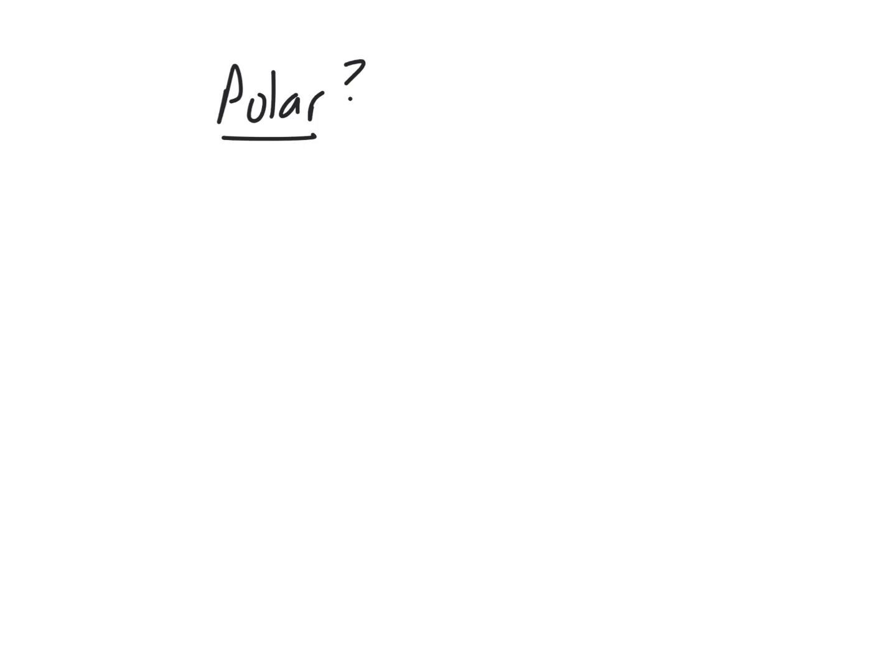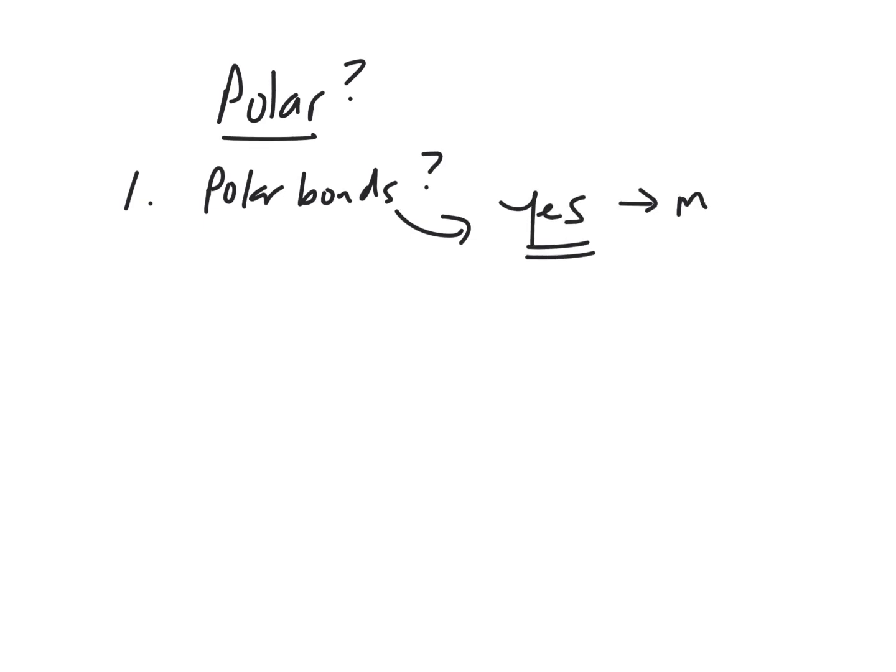Is a molecule polar? What to look for? You need to look for two really important criteria. Number one, are there polar bonds? Remember, we've got bond polarity and we've got molecular polarity. If the answer to this is yes, there are polar bonds, then maybe the molecule is polar.